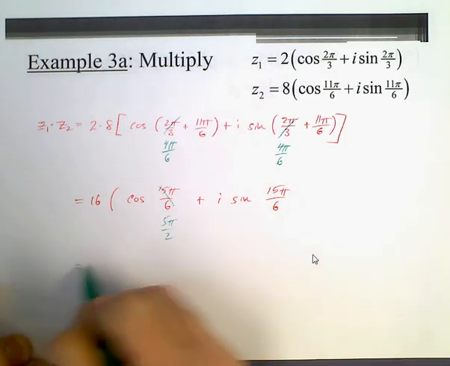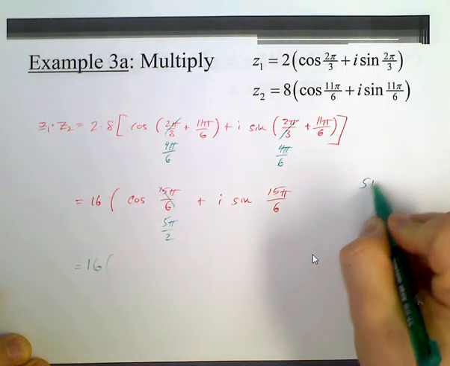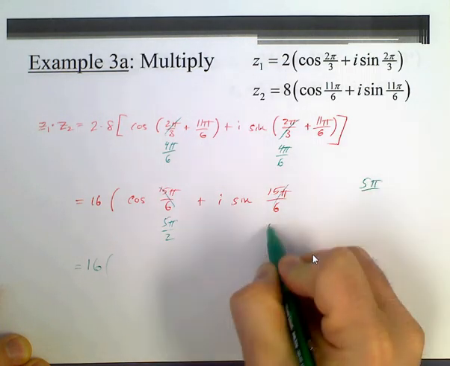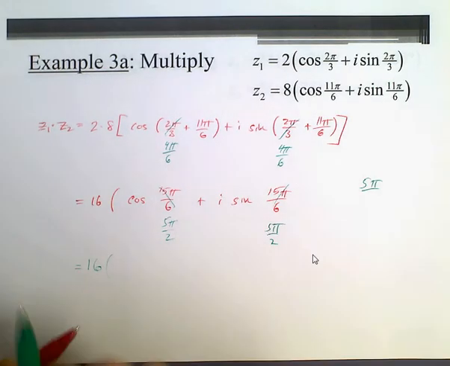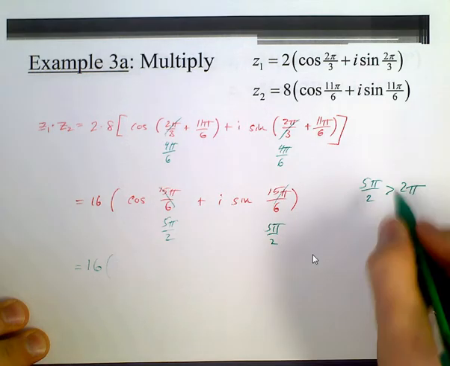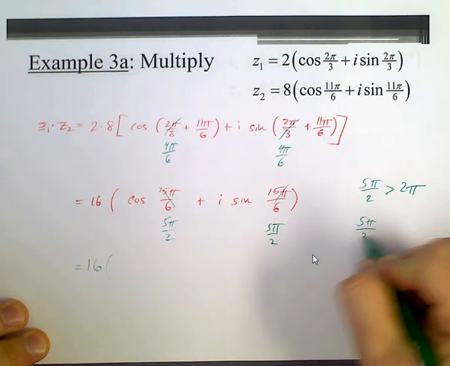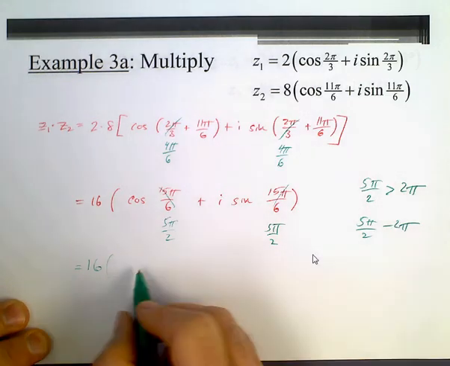So let's go ahead and write that. Now, 5 pi over 2 is, of course, greater than 2 pi. So we're going to subtract 2 pi from it to get it onto the unit circle.